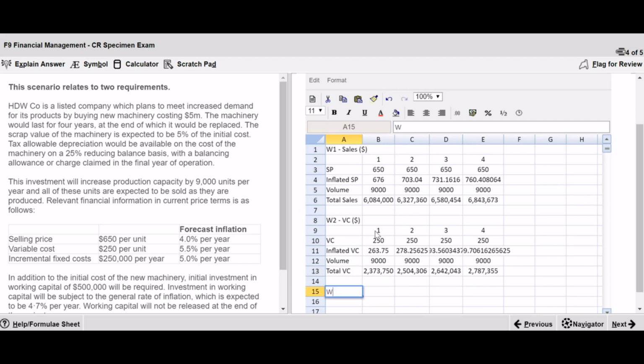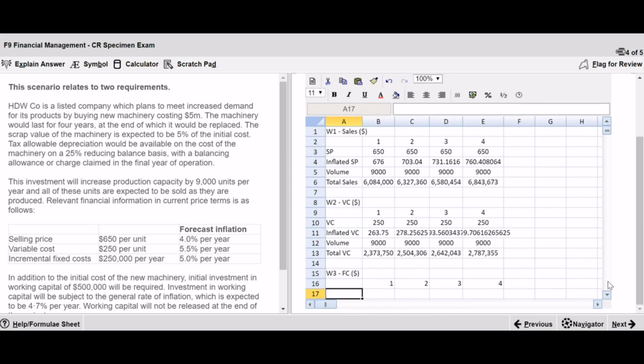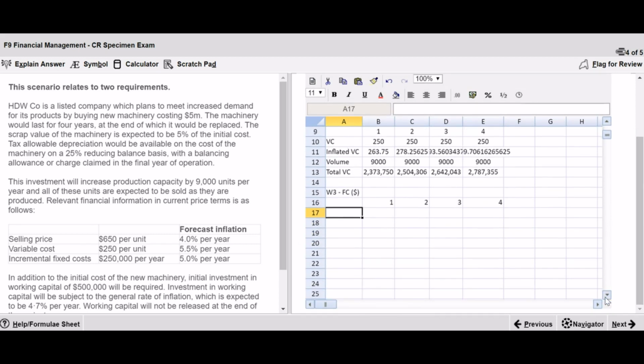The third working which I can do here is the fixed cost, which will be in dollars again. 1, 2, 3, 4. We just need to think about the fixed cost here as the inflation on the fixed cost is 5%.